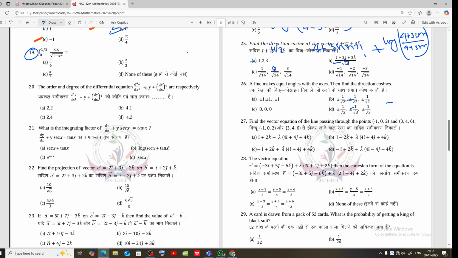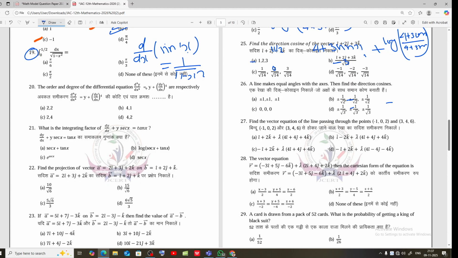The derivative of sin inverse x equals 1 by root of 1 minus x square, so this is just the opposite.